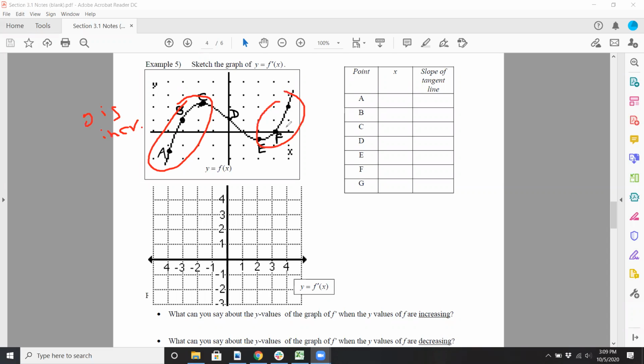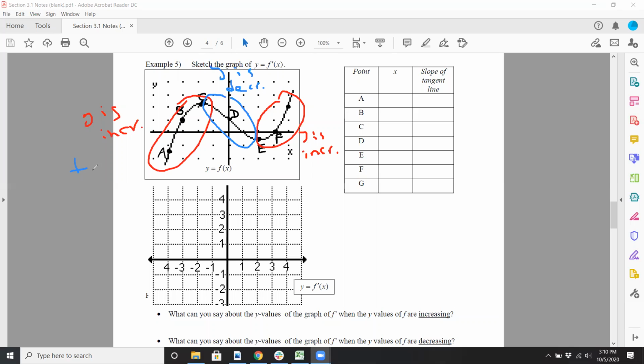Likewise with this portion over here. Whereas for this portion, y is decreasing. And we notice that the slopes were all positive.